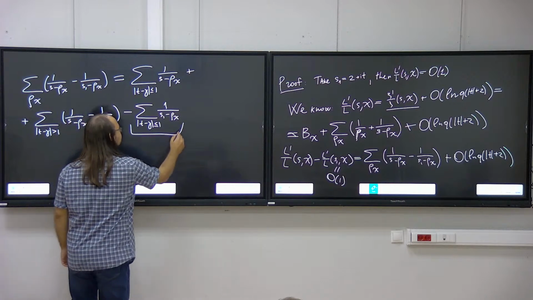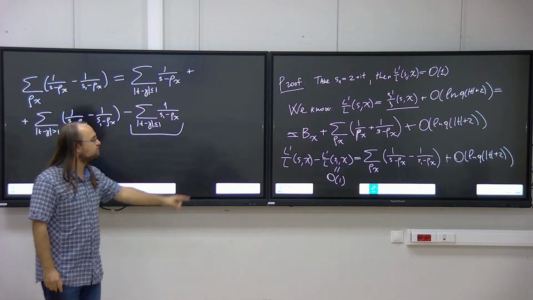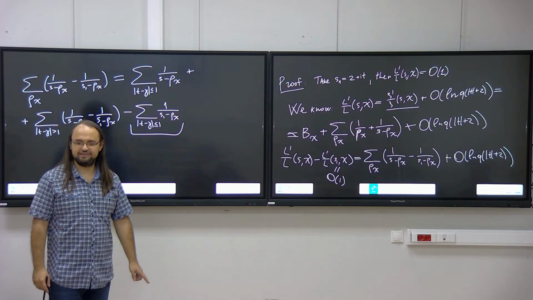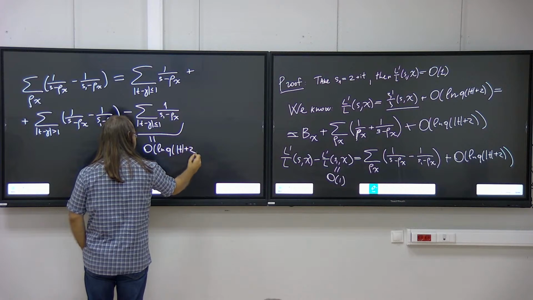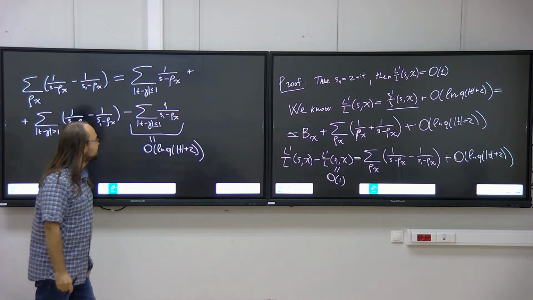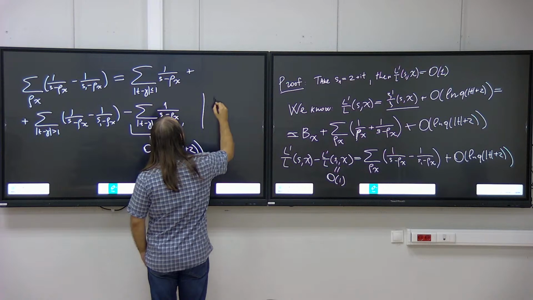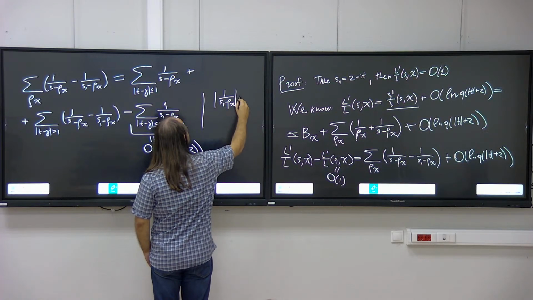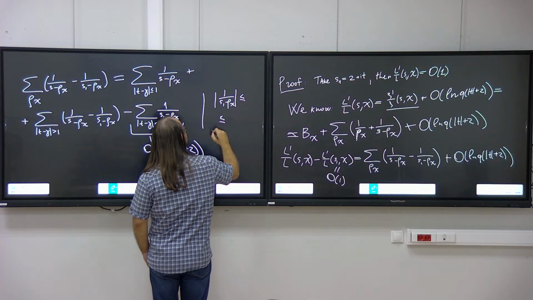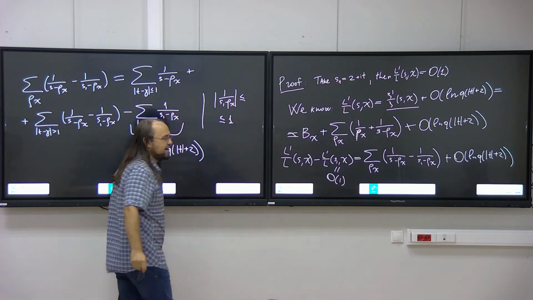This third sum is actually big O of logarithm qt. This is because, well, the absolute value of 1 over s1 minus rho chi is at most 1, correct?